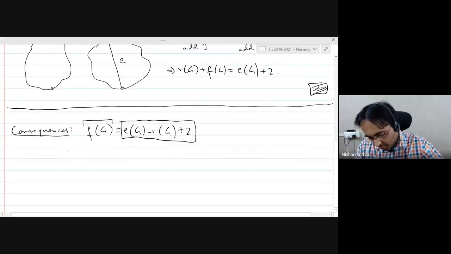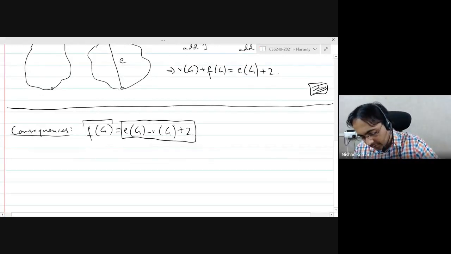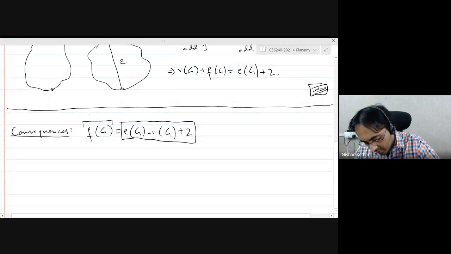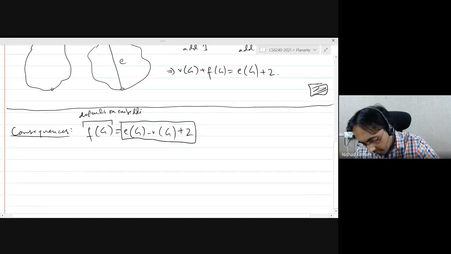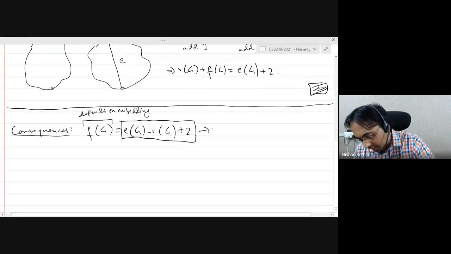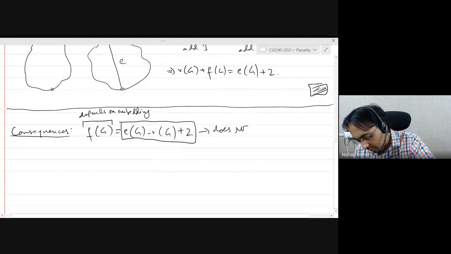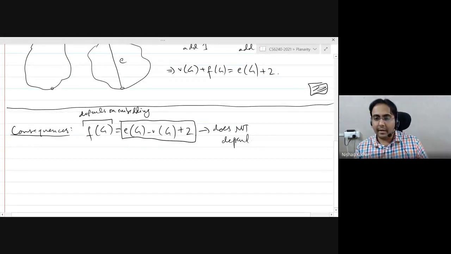Right, exactly. So the number of faces, while it depends on embedding, the right side does not. And so, one consequence is that any two planar embeddings of a planar graph will have the same number of faces.